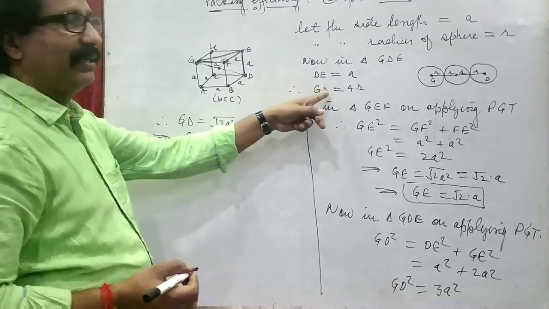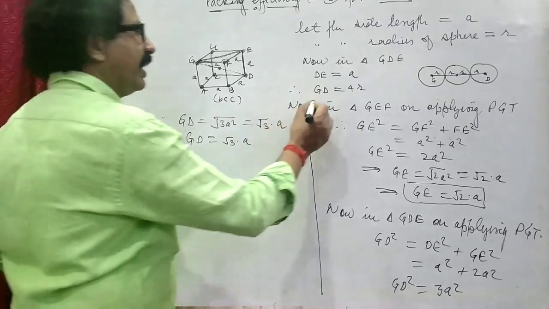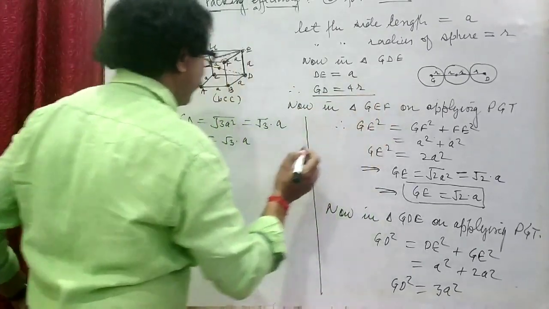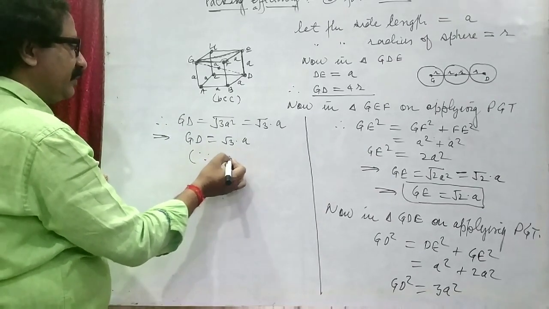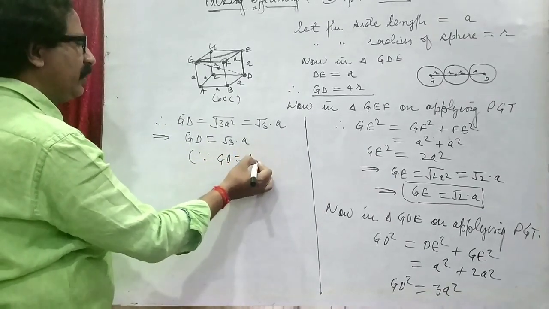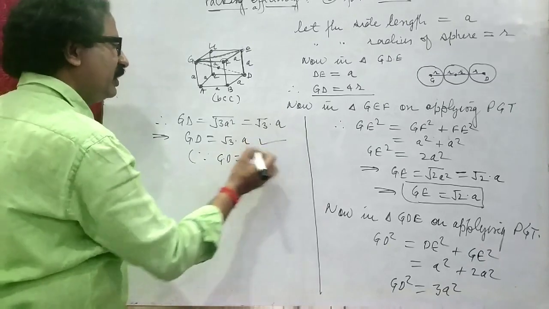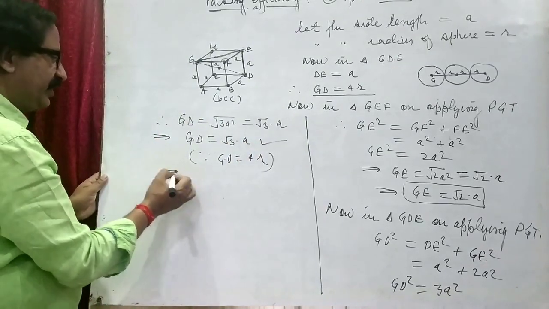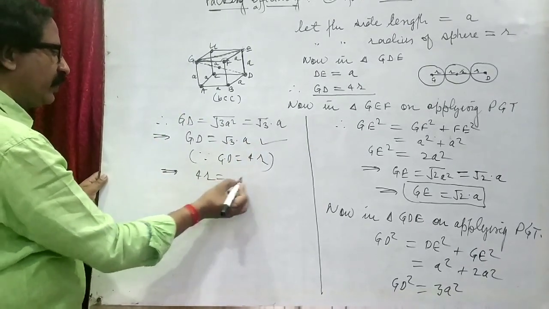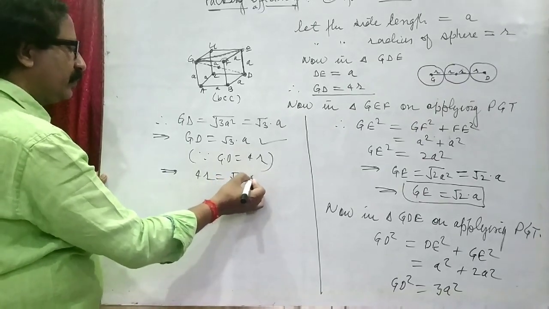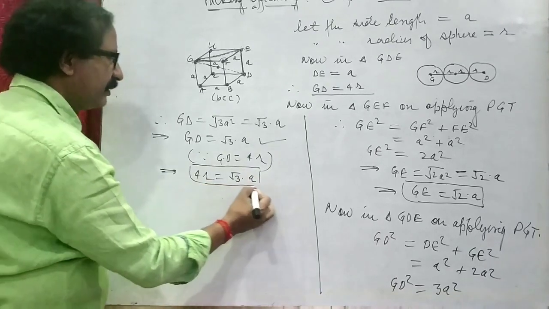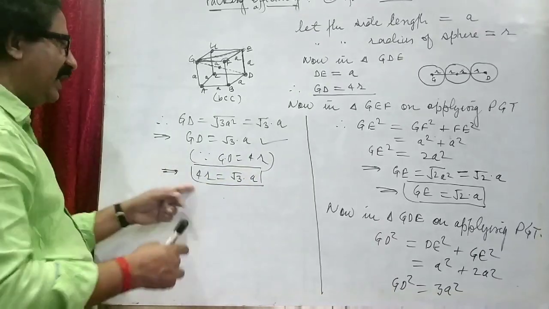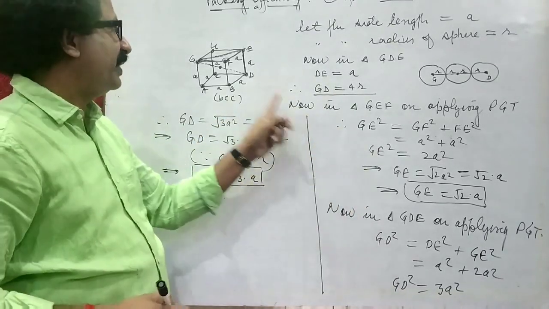But as you know well, according to packing concept, since GD is equal to 4R, apply this value in this equation, which implies 4R is equal to root 3 into A. This is the relation between A and R in BCC.